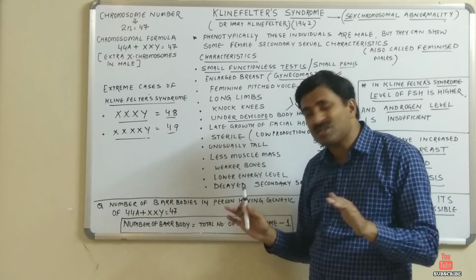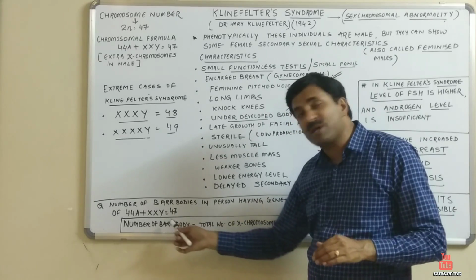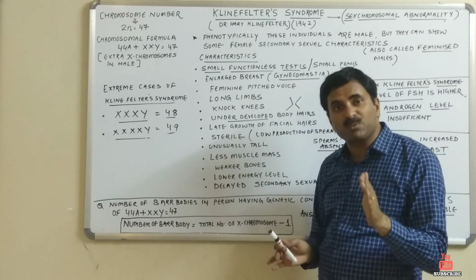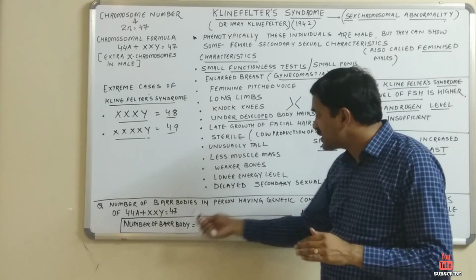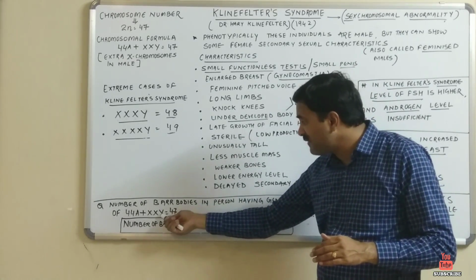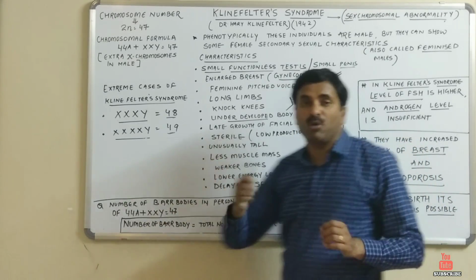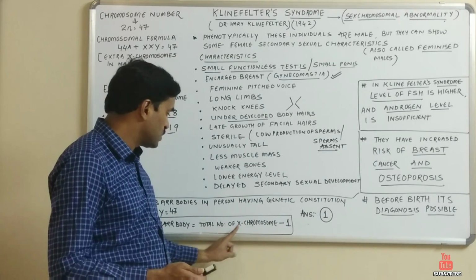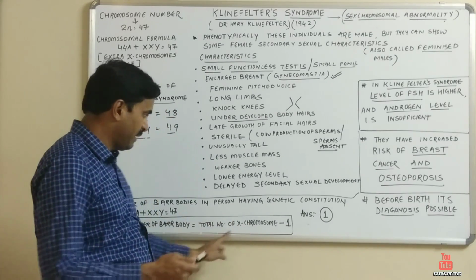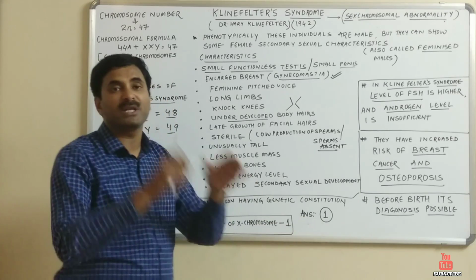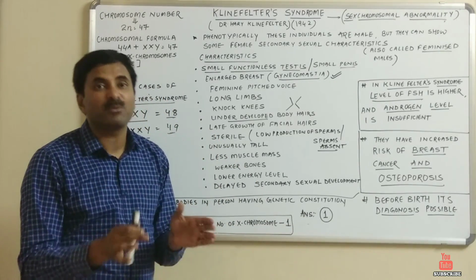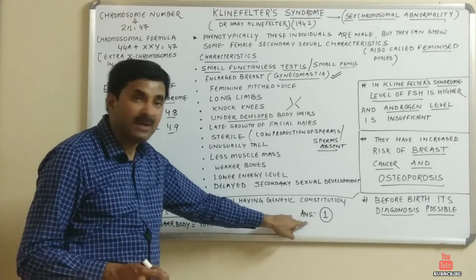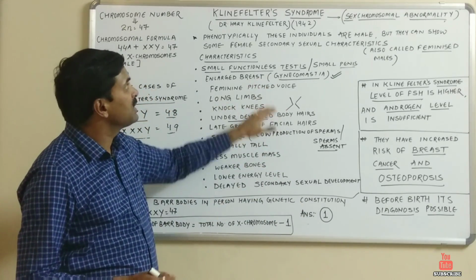So it is very clear that the number of bar bodies is equal to the total number of X chromosomes minus 1. Now see here, in a person suffering from Klinefelter syndrome, there are two X chromosomes. So 2 minus 1, the answer will be 1. Altogether, in a nutshell, we can say that the number of bar bodies in a person suffering from Klinefelter syndrome is 1.